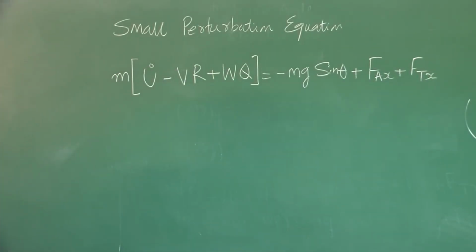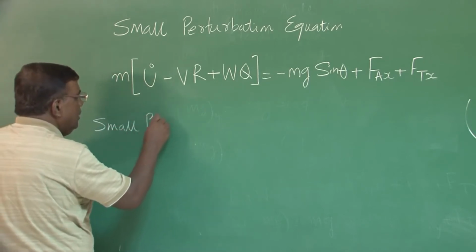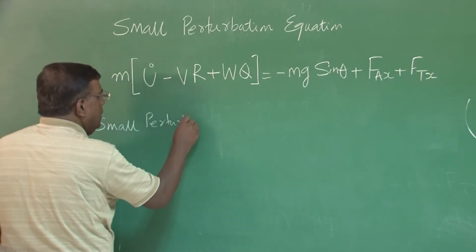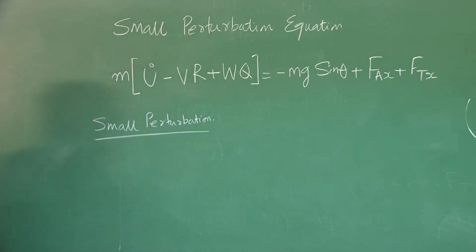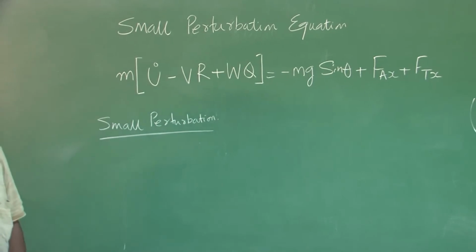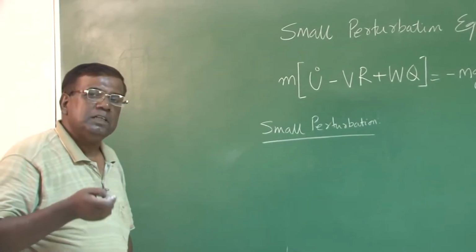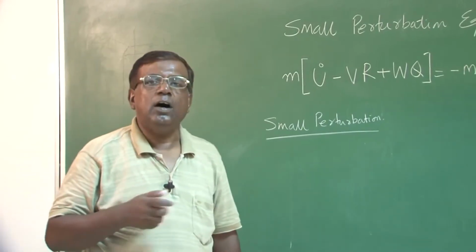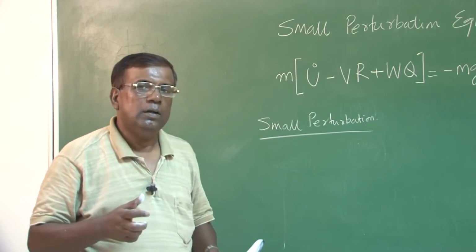Okay. Now, once I have to do small perturbation, I am very clear that once I introduce the perturbation at equilibrium, the perturbation should be so small that it is not going to change the linearity of the whole dynamics.